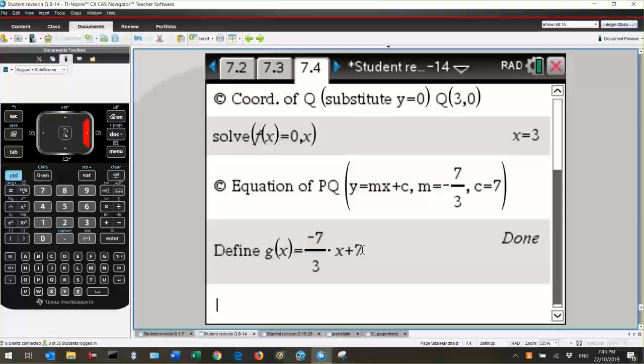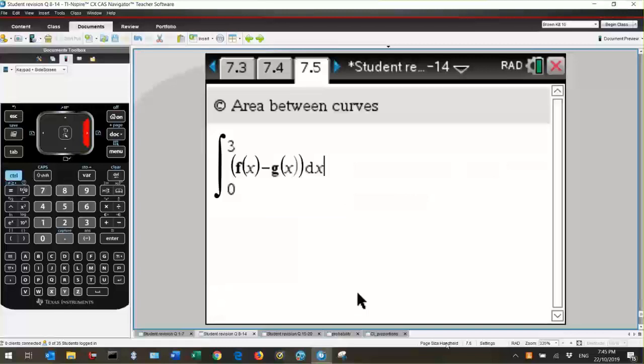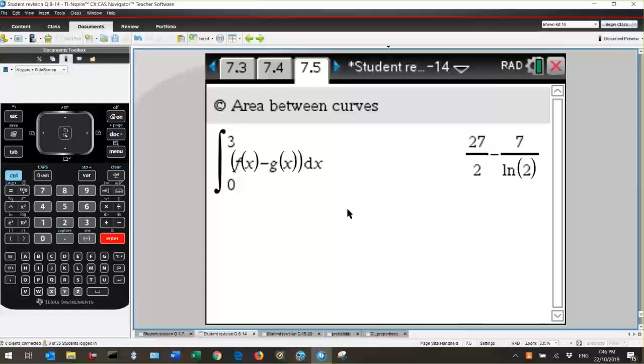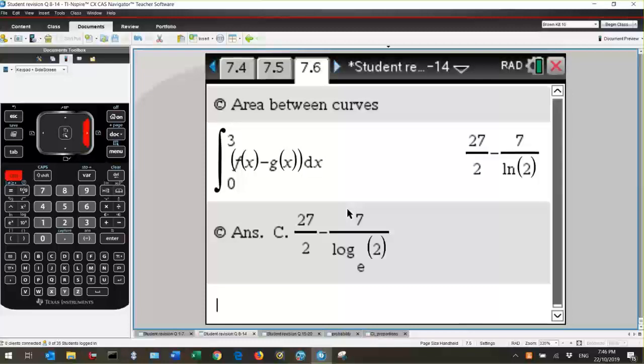So the equation of the line, perhaps I'll call that g of x, I've got there. So now, to get the area between the curves, I can use my shift plus command to get my integral template from 0 to 3 of f of x minus g of x, and there's my answer. So it's option C.